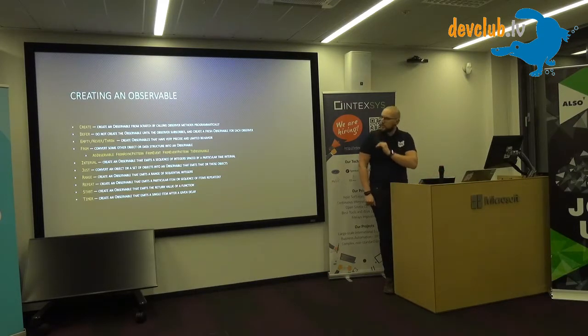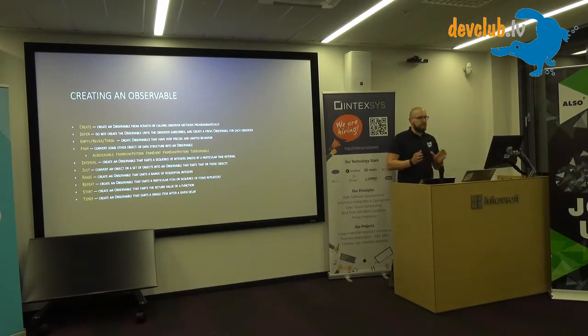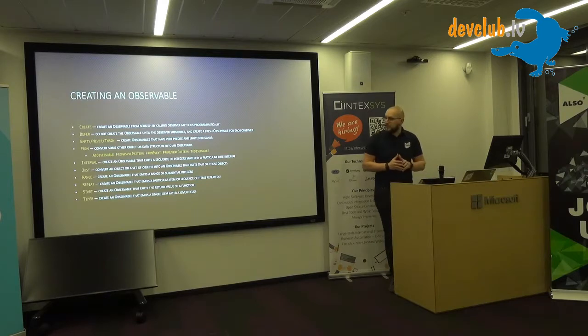The From section is a bit interesting because there is not, at least I don't think there is, a method called From in the API, but it's kind of a group where you have different methods which are used to convert something else into an observable. The interesting ones particularly are the ones about creating it from events.